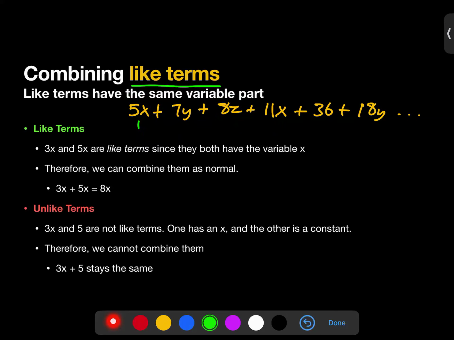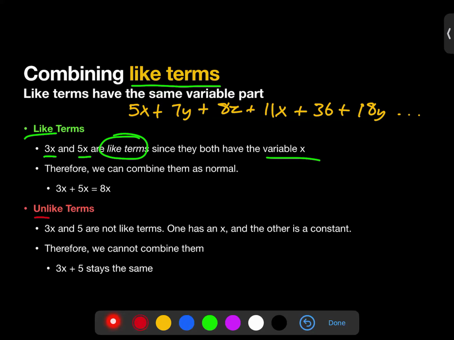There are like terms and there are unlike terms. Like terms are two terms of the expression that have the same variable. So for example, 3x and 5x are like terms because they both have the same variable, and therefore we can combine them like normal.